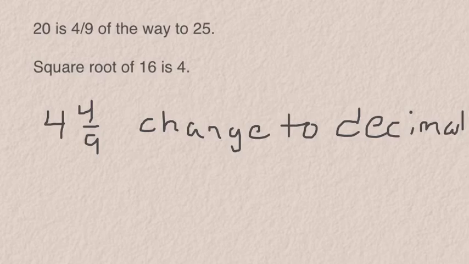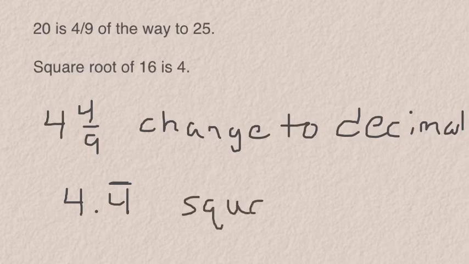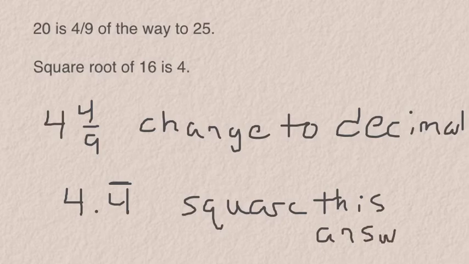You should be getting 4.4 repeating. And you can check that by squaring that and seeing how close to 20 you get. And that is the ratio method.